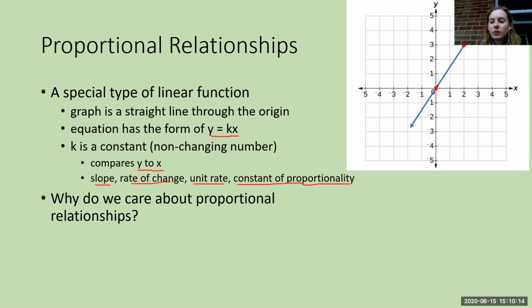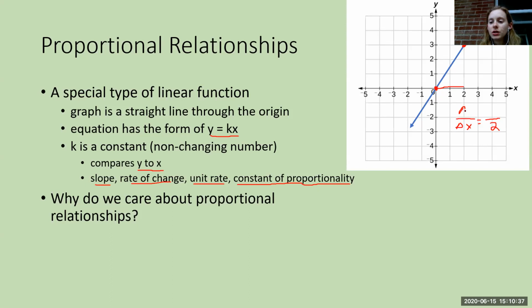So if I'm starting with the leftmost point and going to the rightmost point, to get there, I would need to go over 2. So my change in x would be 2.